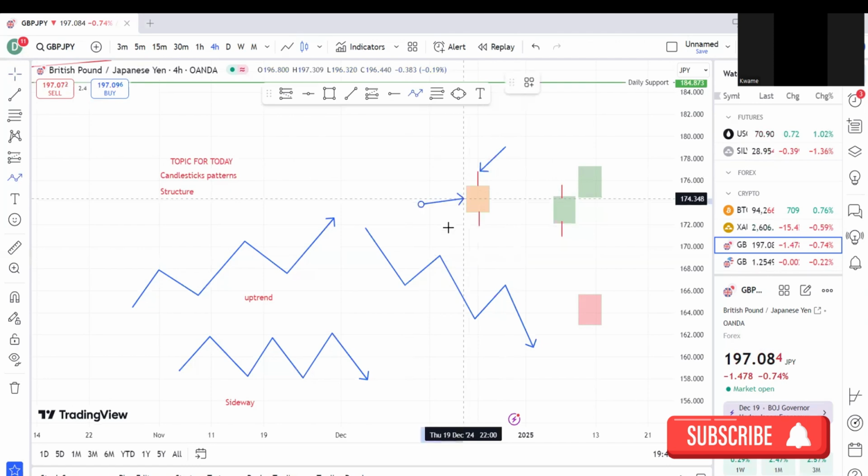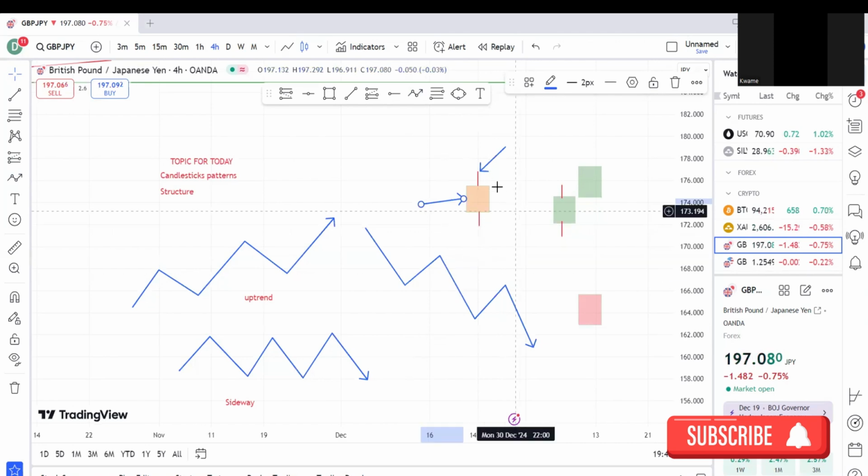This one is called a body, and this is also a wick. The down part too is a wick. So we have the upper wick and the lower wick, and we have the body. And the body comes about when we have an open and a close of price.